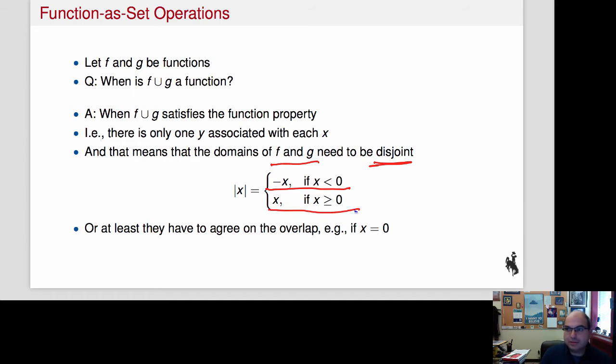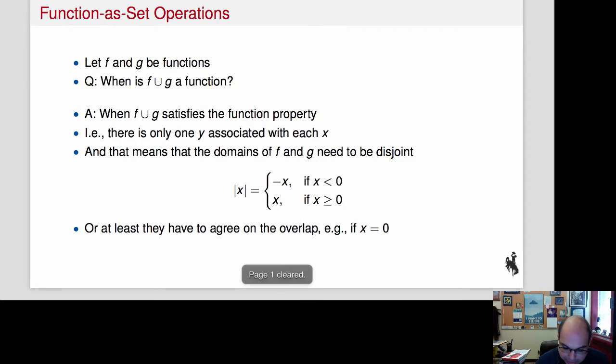Take the union of those functions and you get the absolute value function, okay? So this strange notation, this is by cases, right? When we define a function by cases, it is really a union. And we just have to make sure that any kind of an overlap results in the same answer.